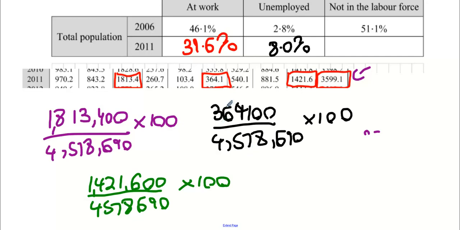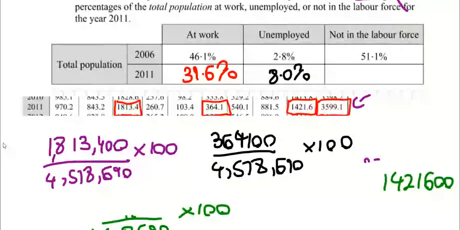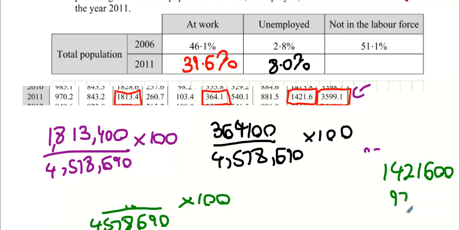Oh, sorry, I'm wrong here because I actually have to add on the amount of people not in the workforce. Thank you for that. It's not 1,421,600 because I have to add on all the under 15s. And how many under 15s is there again? 979,590. Yeah.